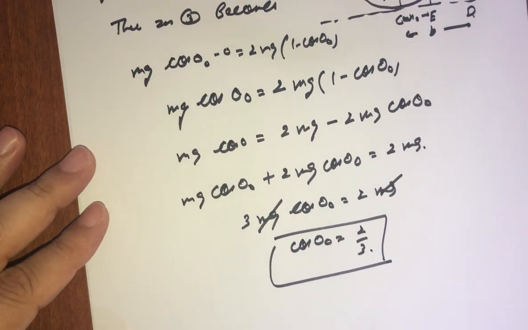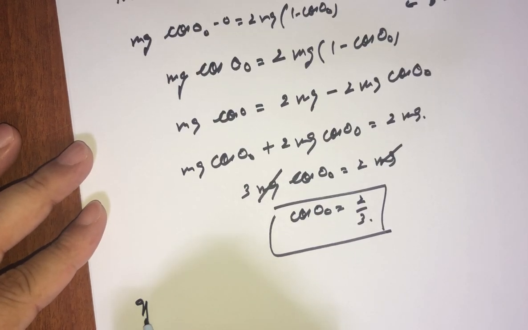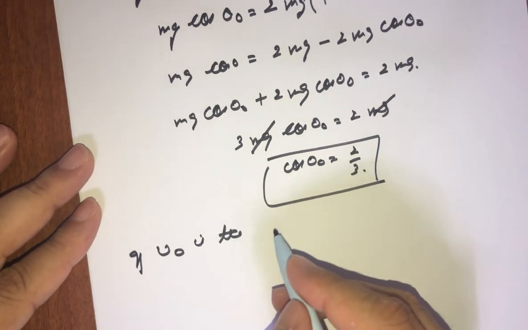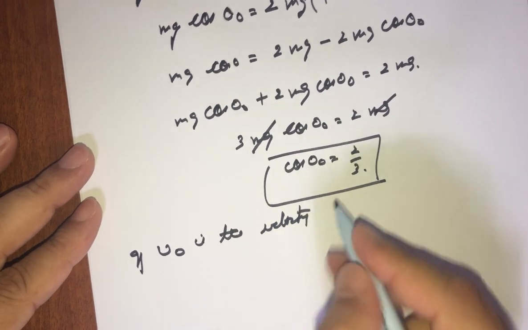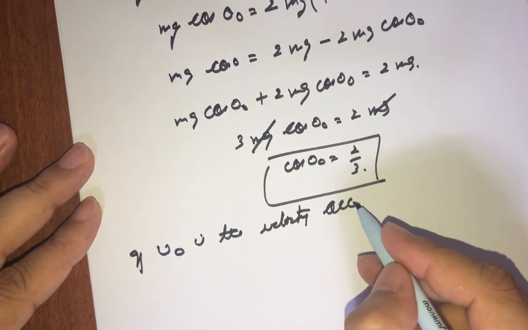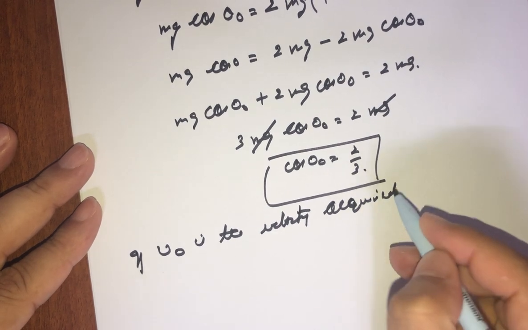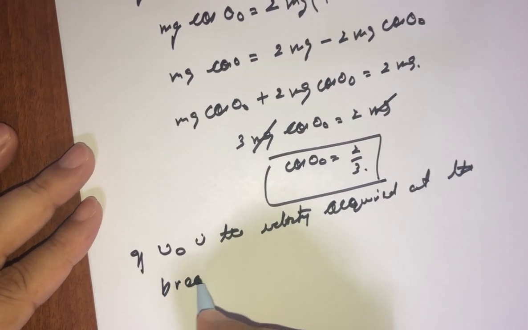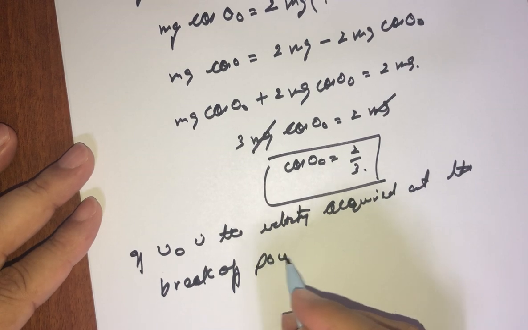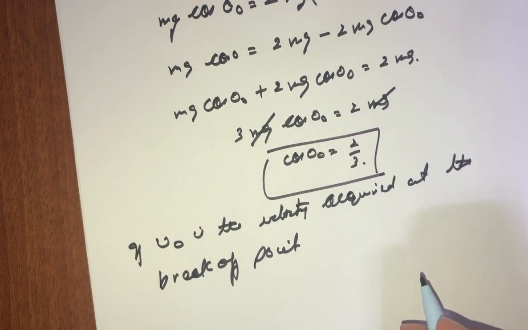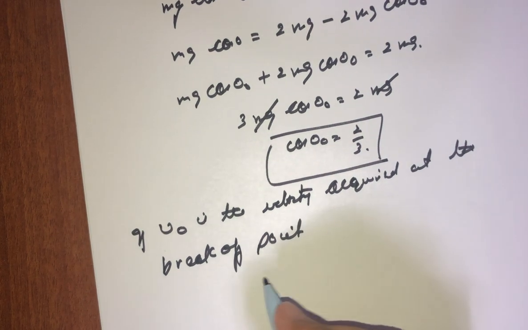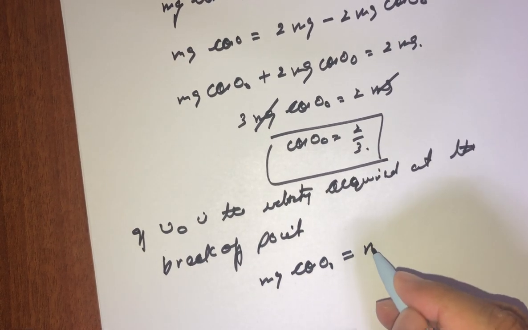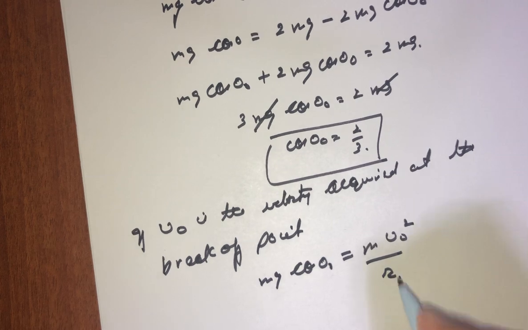So we can say that if v naught is the velocity acquired at the breakoff point, then mg cos of theta naught will be equal to m v naught square divided by r.